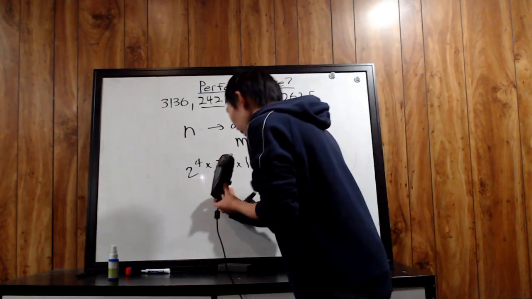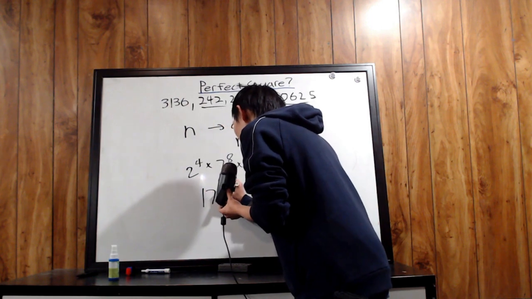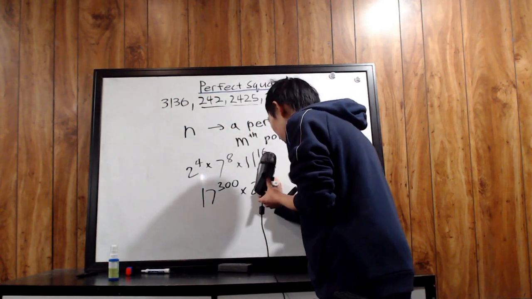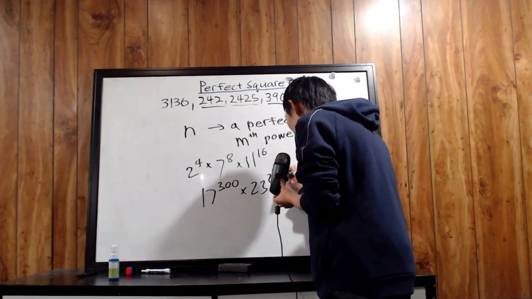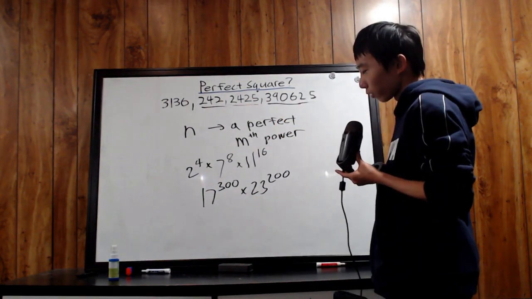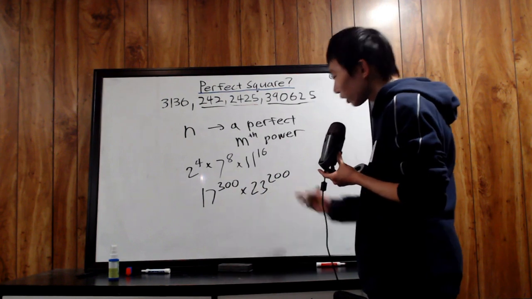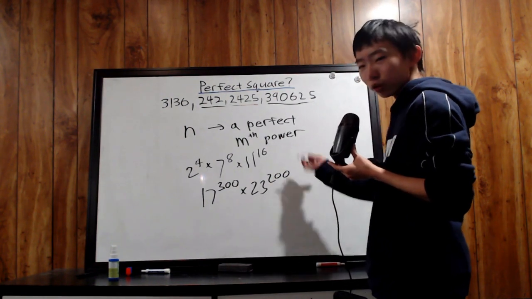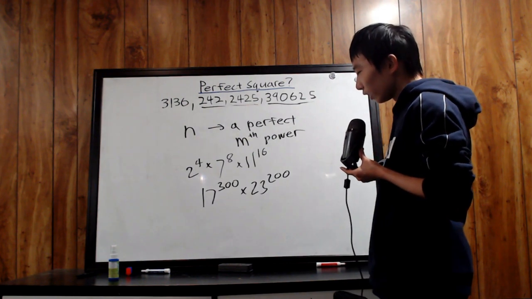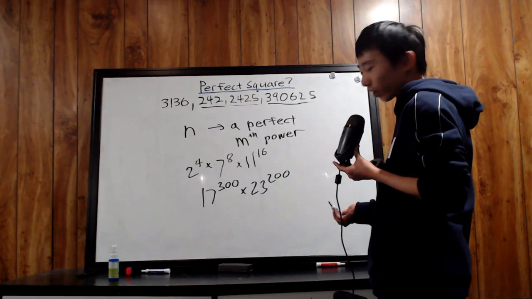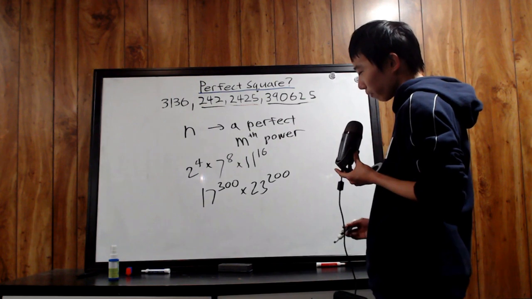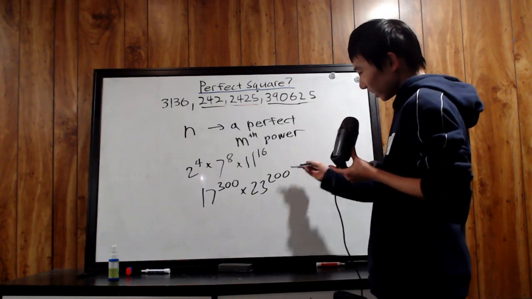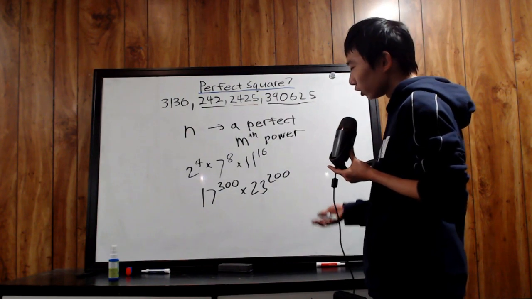If we had the number 17 to the 300 times 23 to the 200, this is a perfect 100th power. Why? Because the exponents in the prime factorization are multiples of 100. It's even a perfect 50th power. It's even a perfect 10th power. It's a perfect square, obviously. So you can see how prime factorization is super useful in this case.